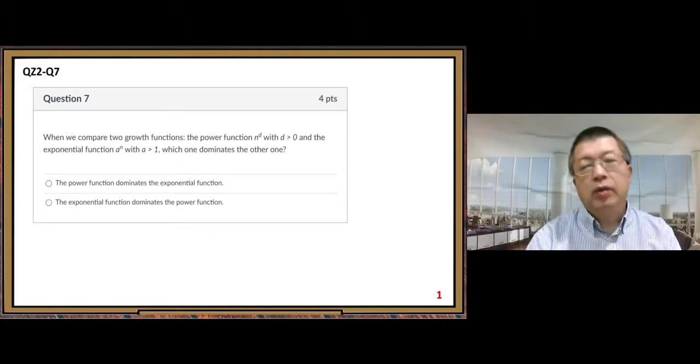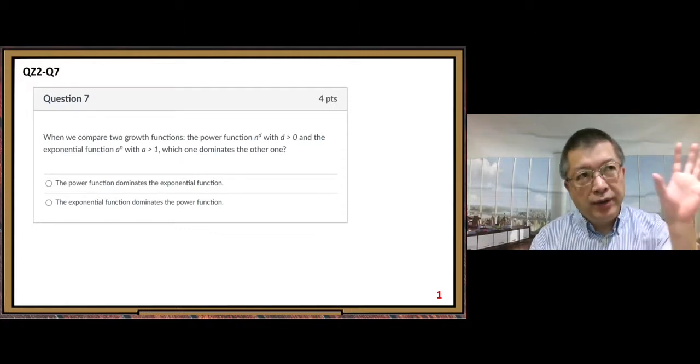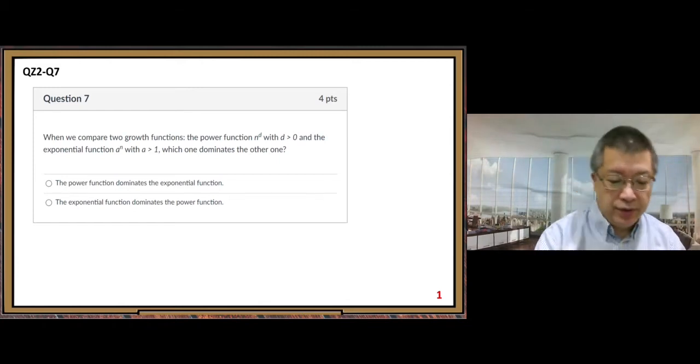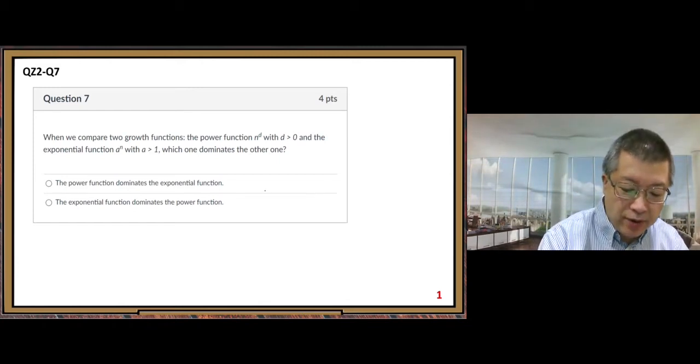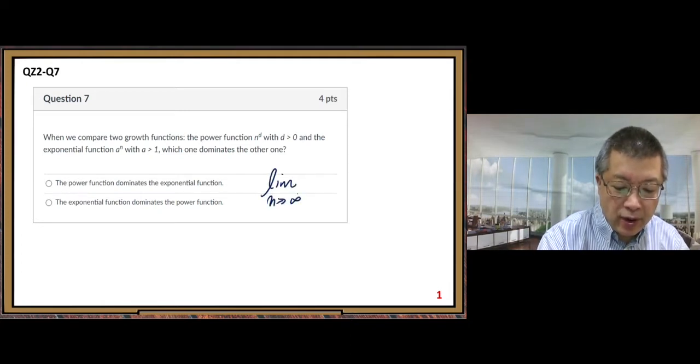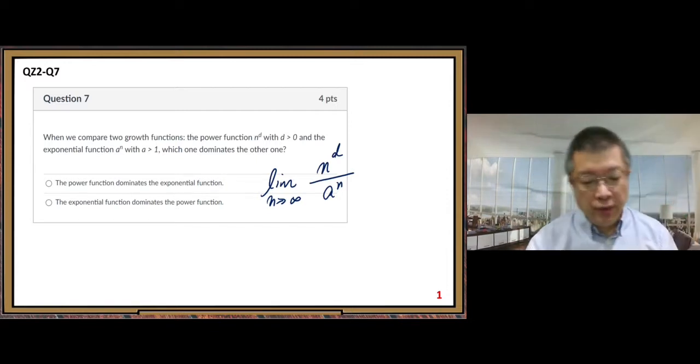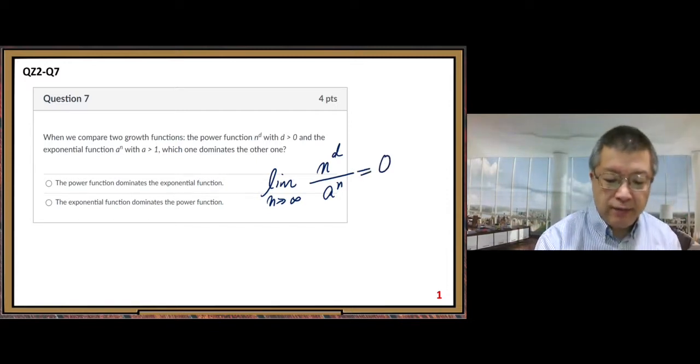we did one example related to these two functions. If you can remember this example, remember we calculated this limit using L'Hopital's rule, and we got 0.